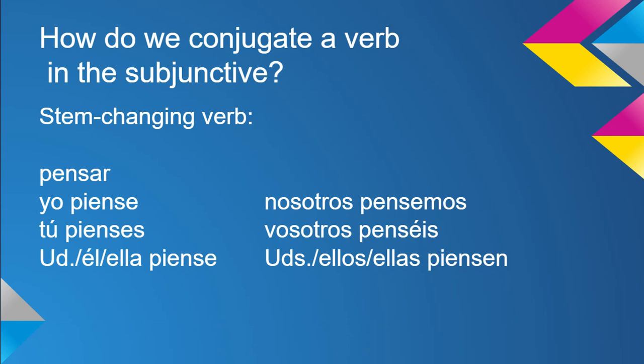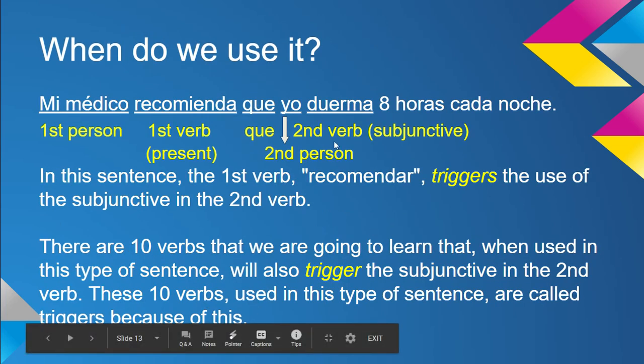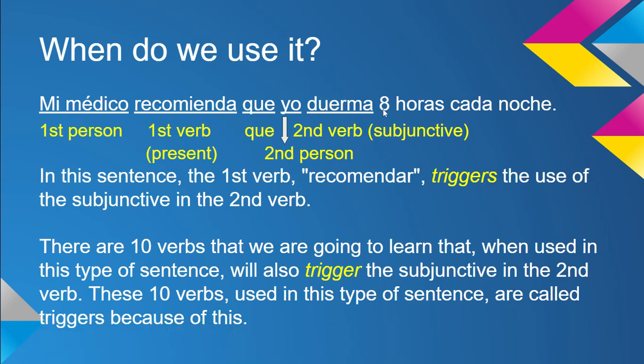I don't want to overload you. Now, what am I talking about? I'm talking about how to conjugate in the subjunctive. So remember, when I say that, I'm talking about the second verb there. We're not talking about the first verb. The first verb is just in the present tense. So mi médico recomienda, present tense, que yo duerma, subjunctive tense.